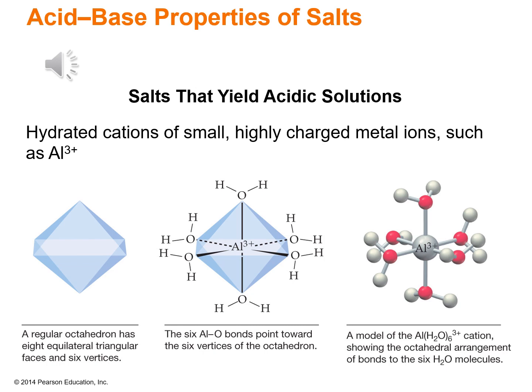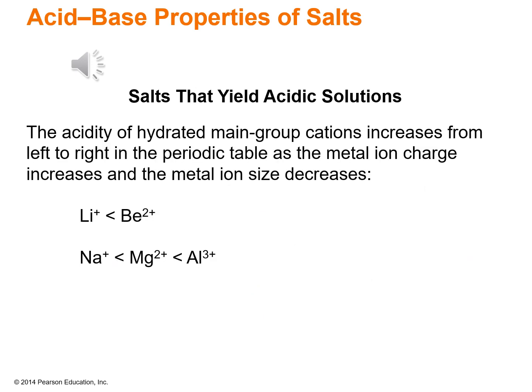Hydrated cations of small, highly charged metal ions, such as Al3+, will also yield an acidic solution. In general, the acidity of a hydrated main group cation increases from left to right in the periodic table as the metal ion charge increases and the metal ion size decreases.